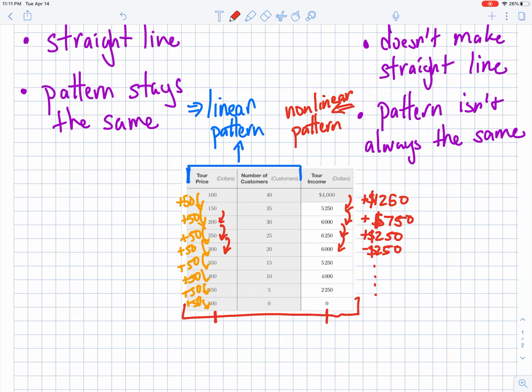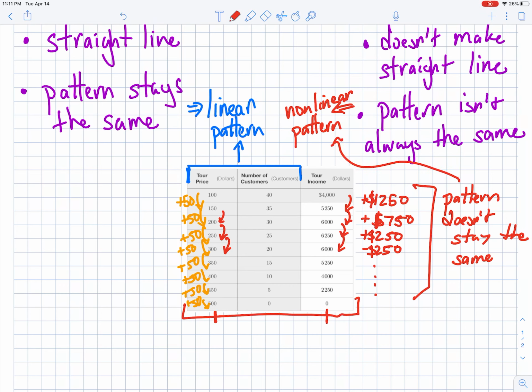And we can go on and on and on. But one thing you'll notice, right, is that this pattern doesn't stay the same, right? It's not going up by the same amount each time. And that tells us that this is a nonlinear pattern.